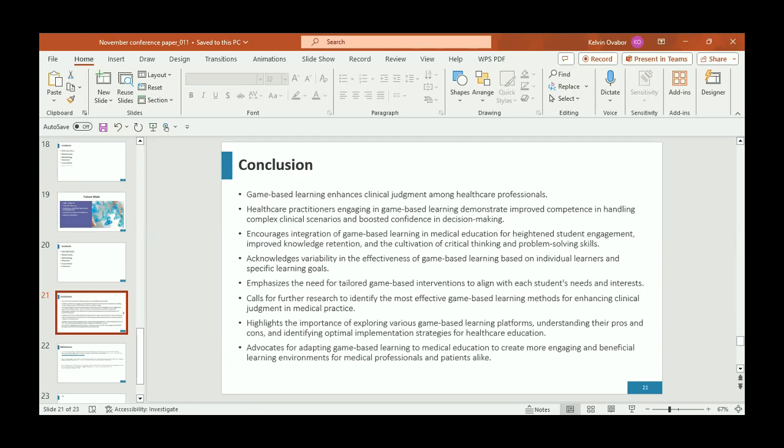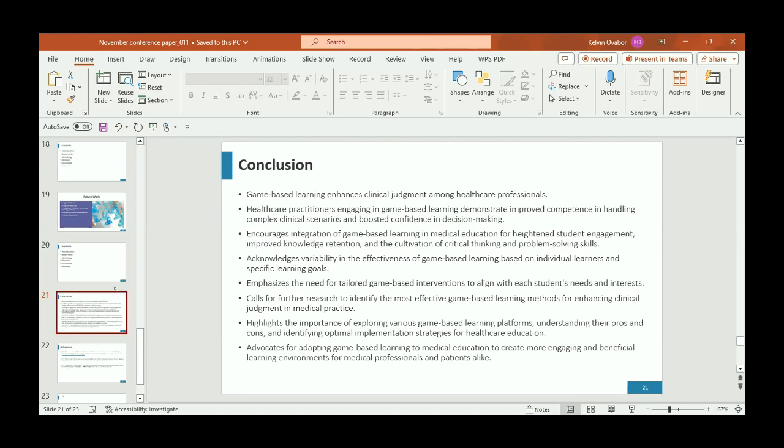Another conclusion is that healthcare professionals engaging in game-based learning demonstrated improved competence in handling complex clinical scenarios and boosted their confidence in decision-making compared to those in the control group that did not take part in the intervention itself.